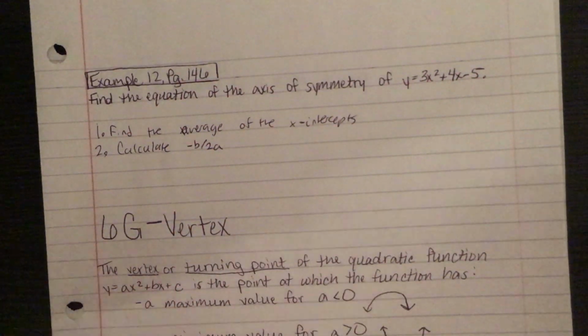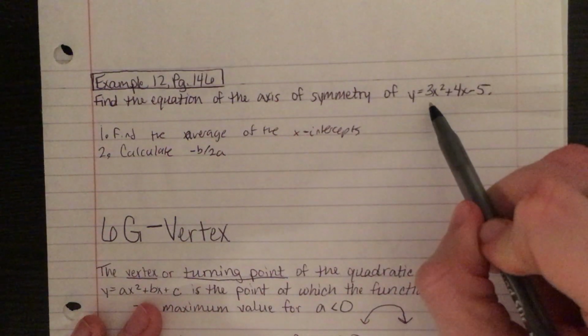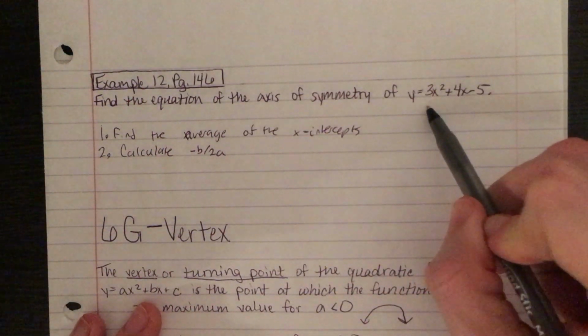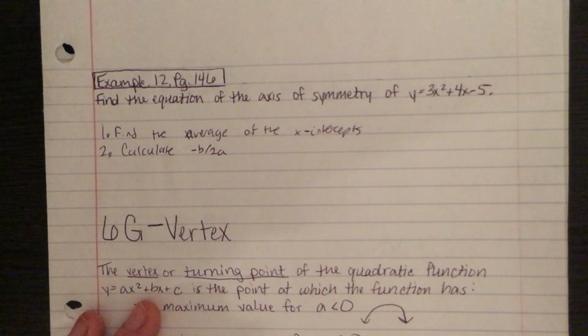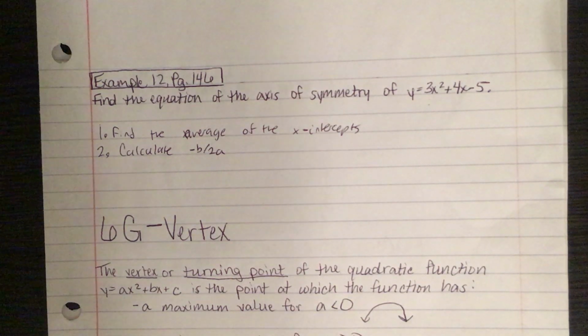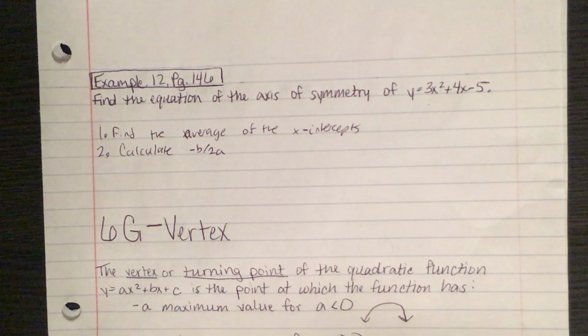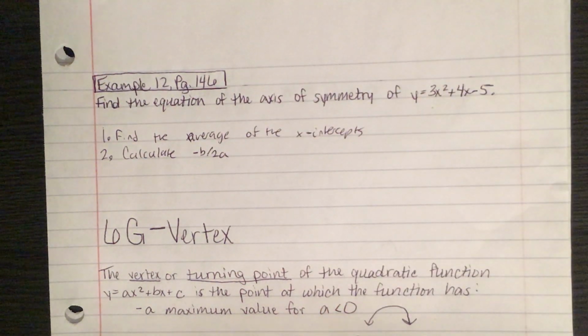Either one of those will work to calculate an axis of symmetry. Now in this case, we've got a quadratic where the a value is larger than 1. This doesn't look like it will factor very easily. So if we want to get the x-intercepts, we would either have to complete the square or use the quadratic formula. So in this case, let's calculate negative b over 2a.